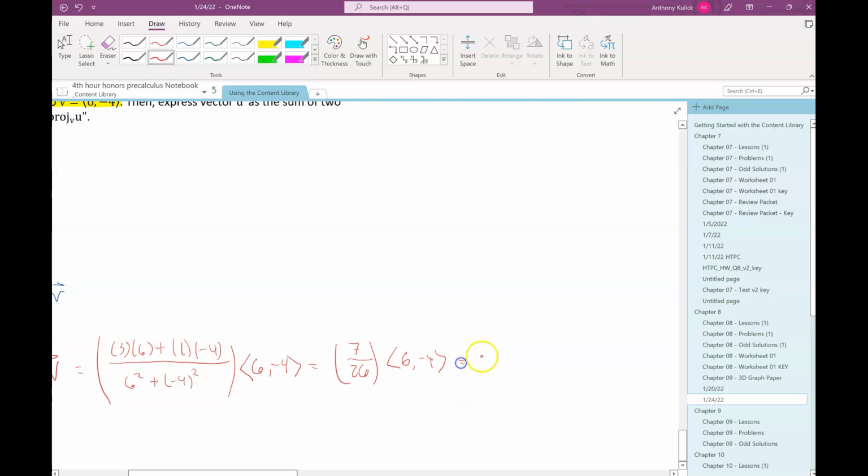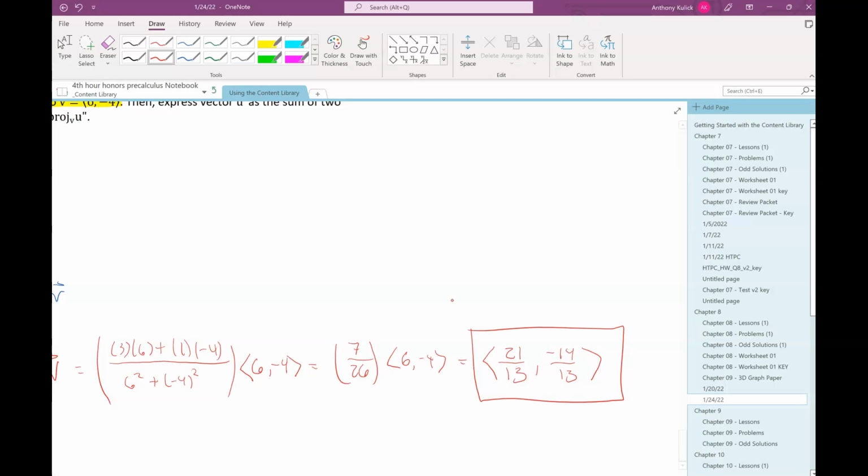And then if I do my scalar multiplication there, and just for the record, I'm going to be reducing as I go. So there's my projection of u onto v. Again, I reduced as I went.